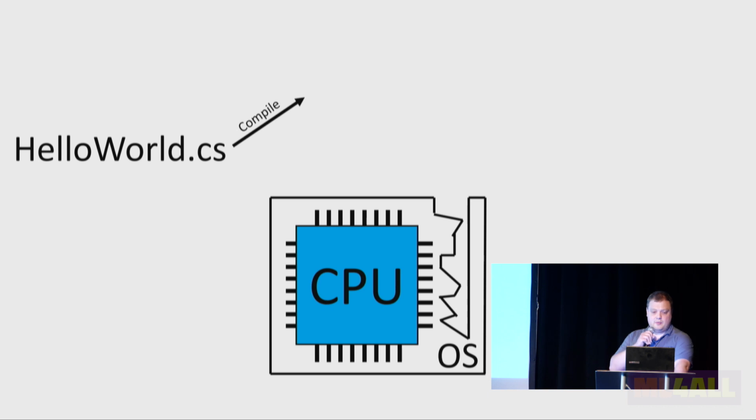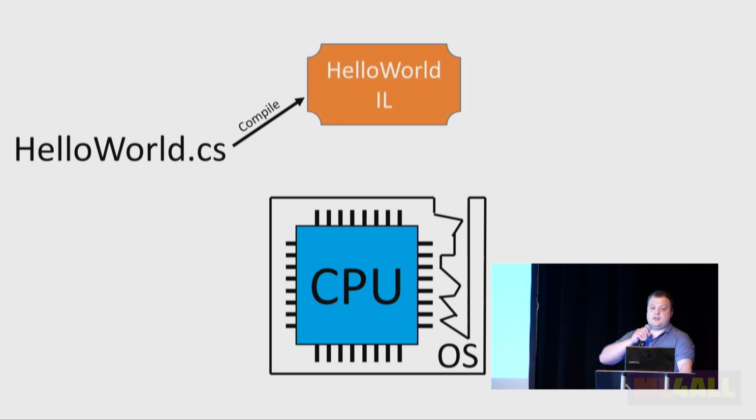So when you compile a .NET language, what you get is the common intermediate language. So this is the equivalent of Java bytecode. And this will not run natively.